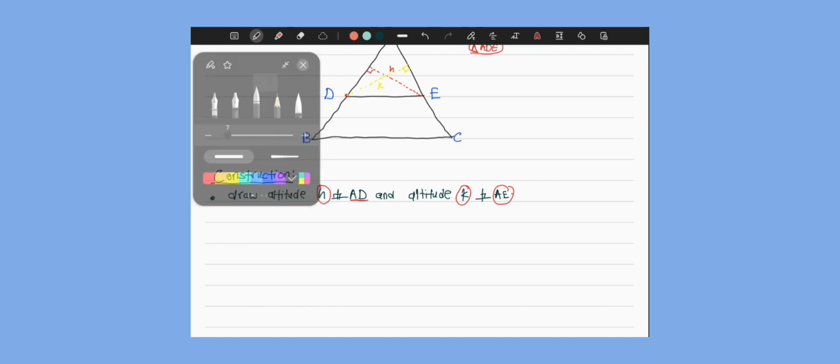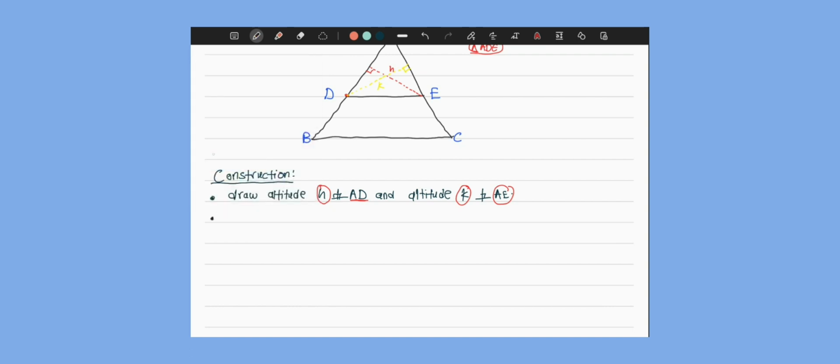Under construction number 2, I need to draw BE and CD to form triangle BDE and triangle CED.